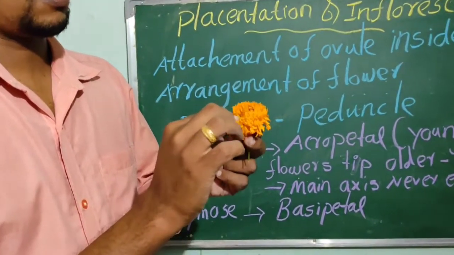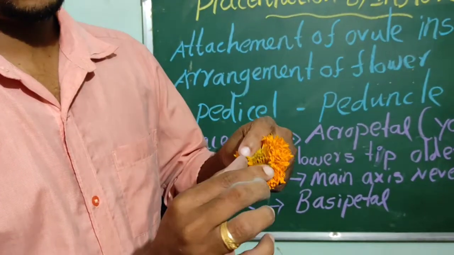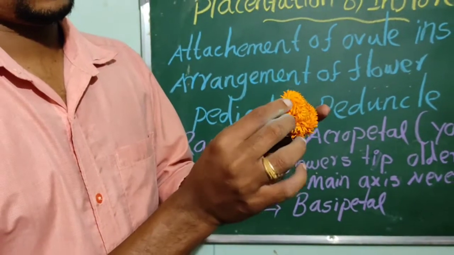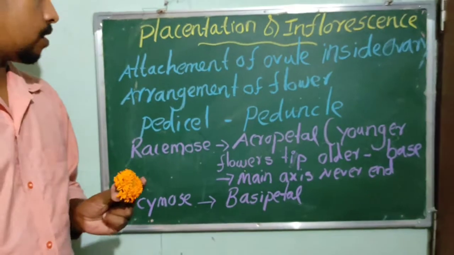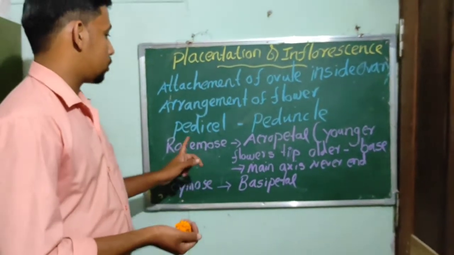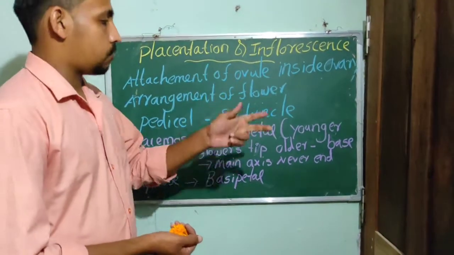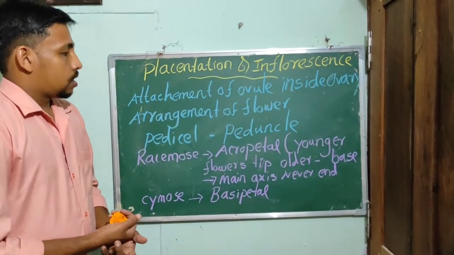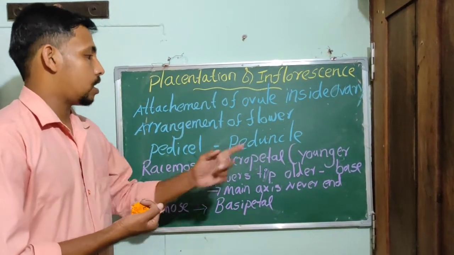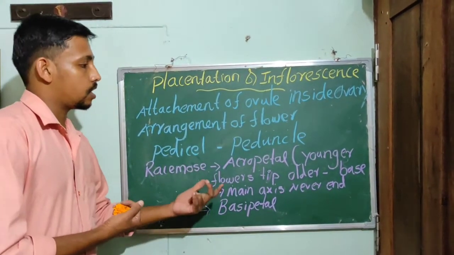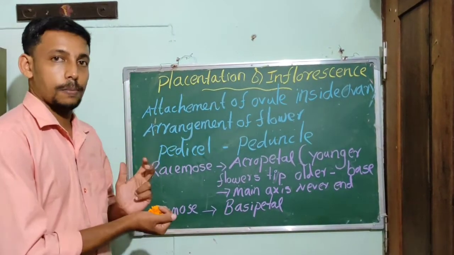These are the younger flowers, and these are the older flowers. So this type of inflorescence is known as the racemose inflorescence. The main axis never ends in a flower. The manner of arrangement of the flowers is the acropetal arrangement: the younger flowers at the tip and the older flowers at the base.